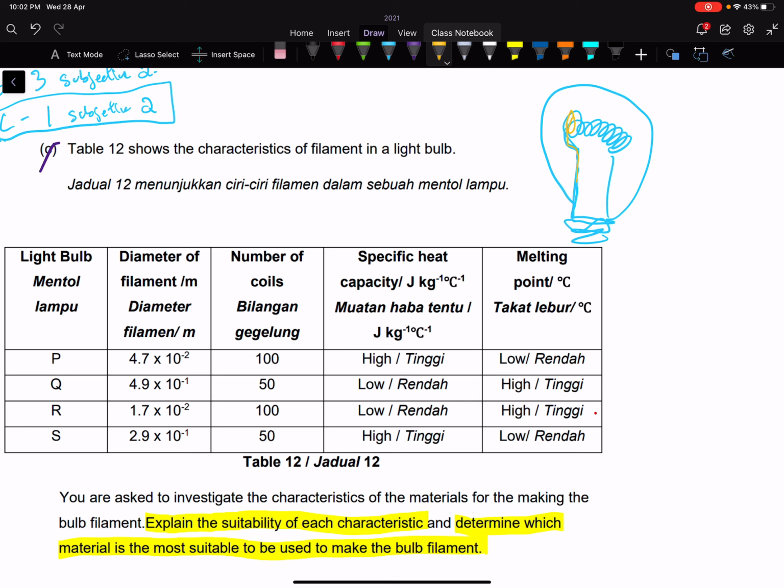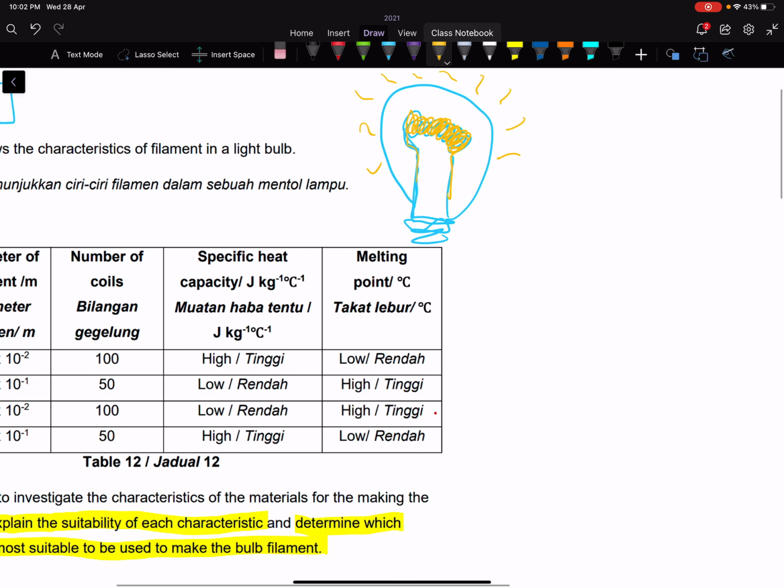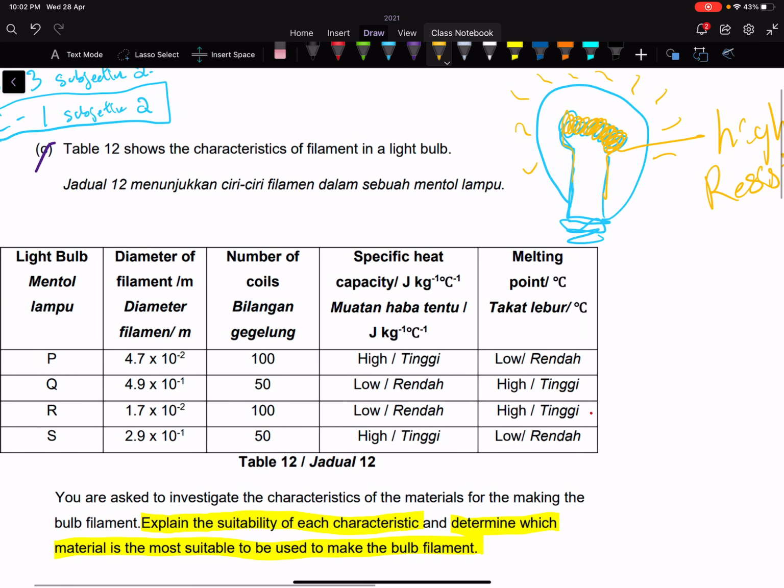It will heat up, and it will actually get so hot that it produces light. Okay, so the whole idea for a good light bulb is we want this filament to have high resistance.